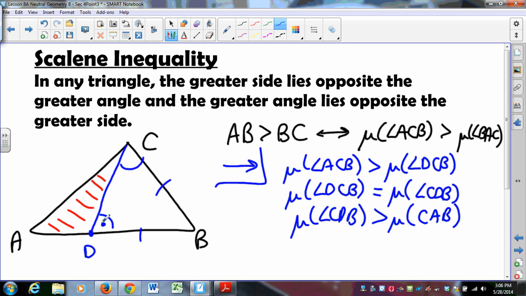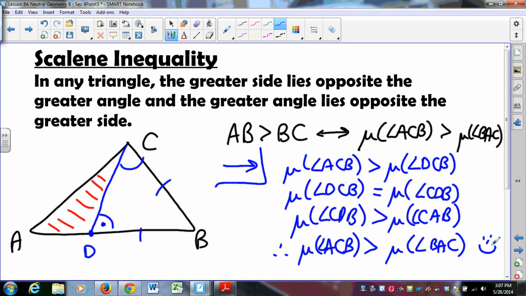So it must be strictly greater than either of the remote interior angles. And therefore, the measure of angle ACB, which is greater than DCB, which is equal to CDB, which is greater than CAB, has to be greater than the measure of angle BAC, or CAB. It doesn't much matter. And we've got what we want.